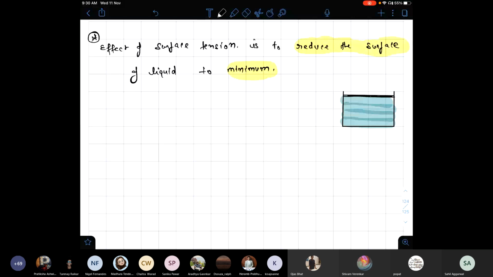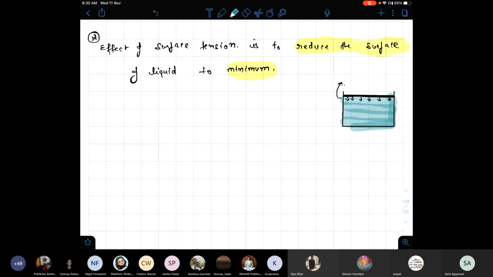Now, because of surface tension, this layer has come down. Liquid had shrunk. Now you want to make this opposite. You want to take it back. For that, you have to do some work. Are you getting it?